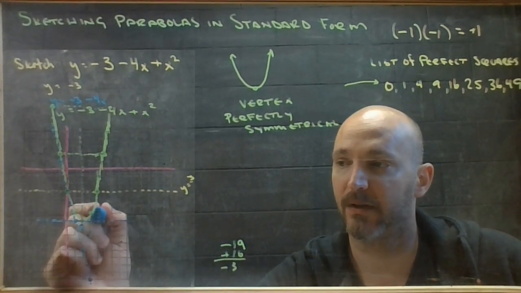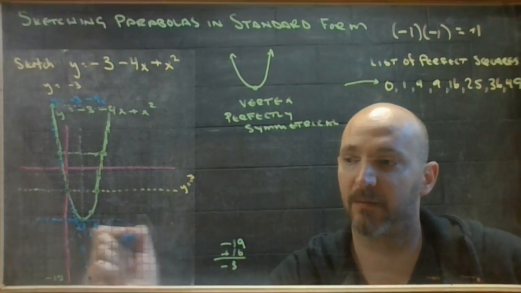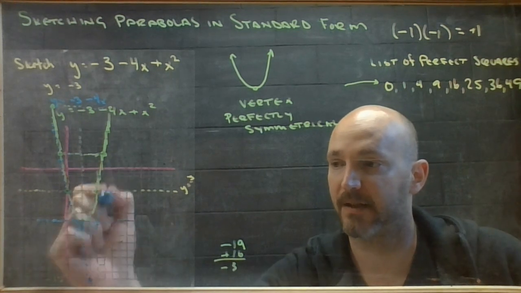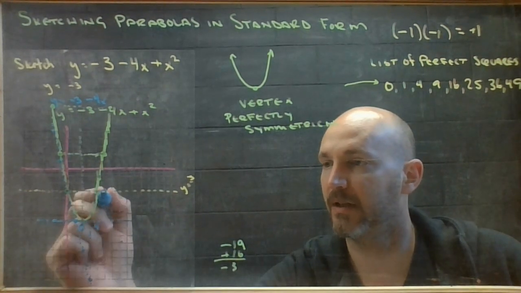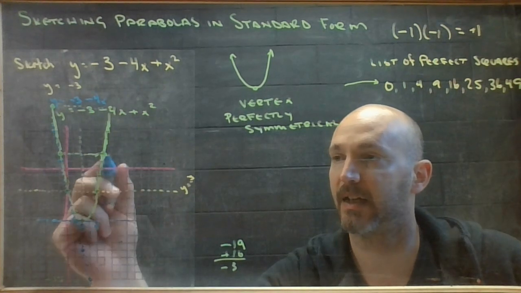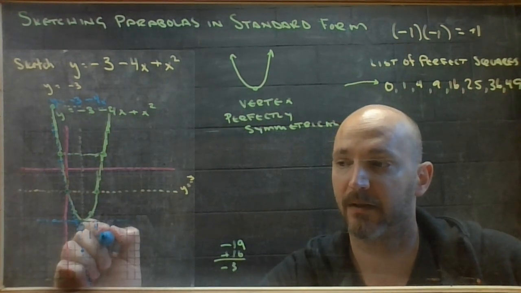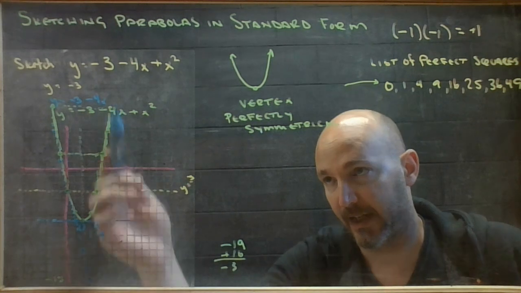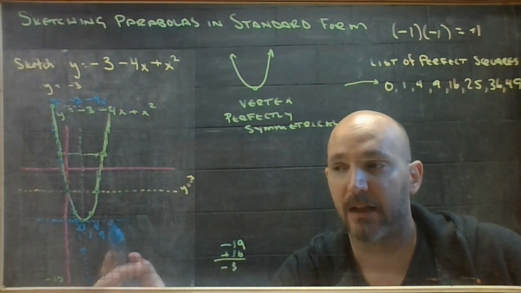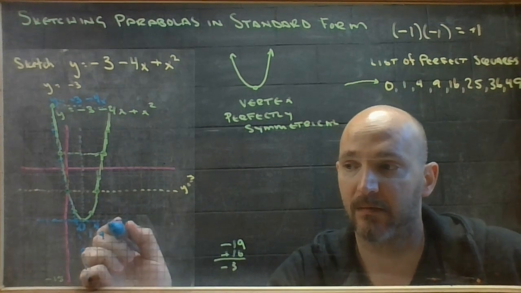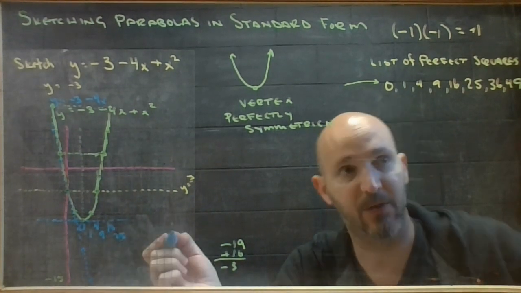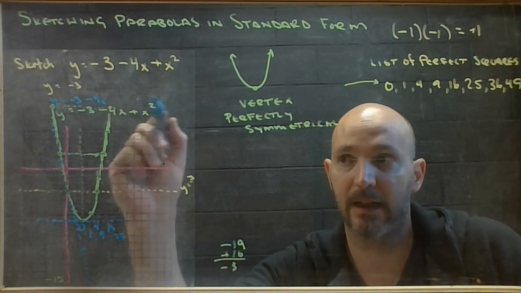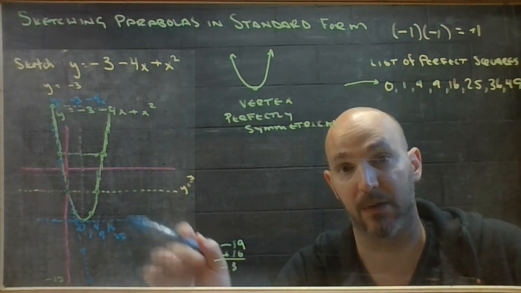This dot is 1, 2, 3, 4 squares above that line. You see the pattern happening? This dot is 1, 2, 3, 4, 5, 6, 7, 8, 9 squares above that line. If I were to go to the next one, which I can't actually see on my grid, it would be up 16. The next one would be up 25. I'm just going up by these perfect squares, because the perfect square in this equation is what generates the shape.